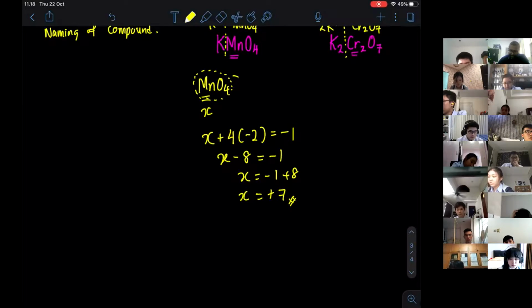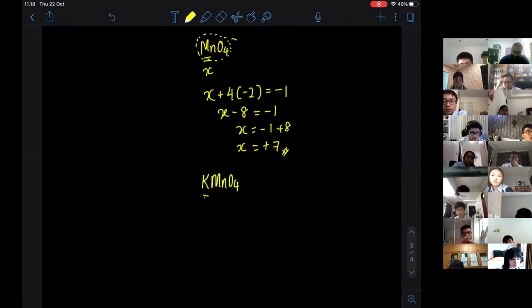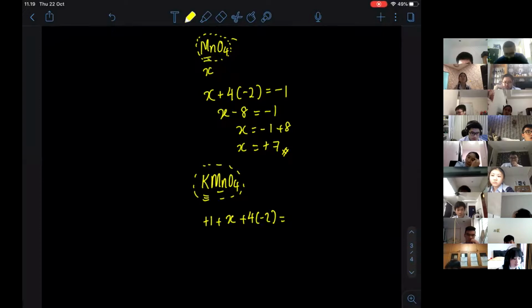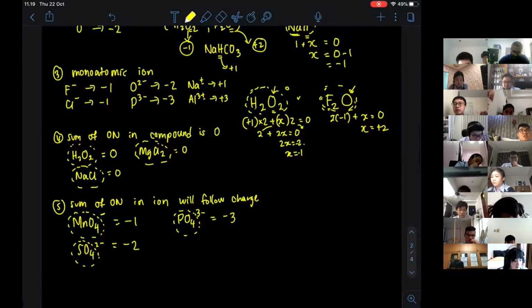I will show you, if you calculate using KMnO4 it is still the same. K is going to be group 1, so I use +1 plus X plus 4 times -2 equals to, what is the overall charge of this entire thing, Nathan? The overall charge of oxidation number in a compound is 0.